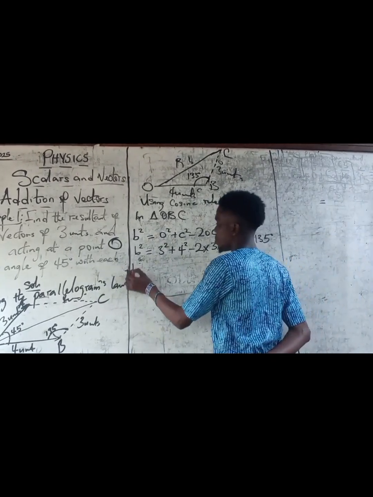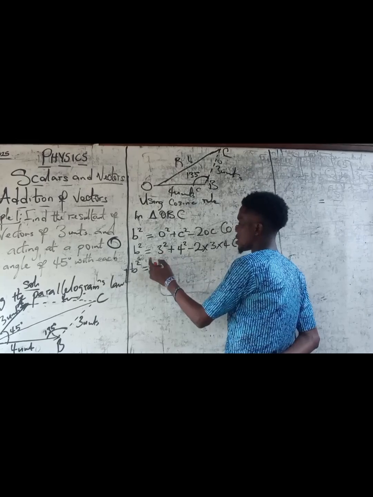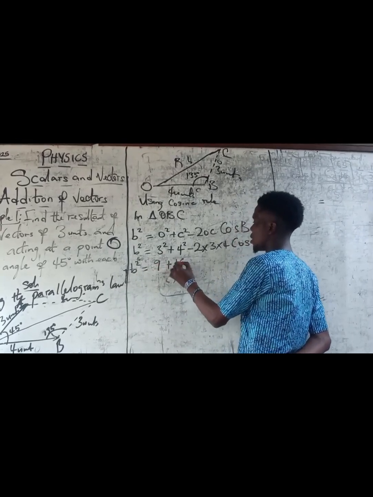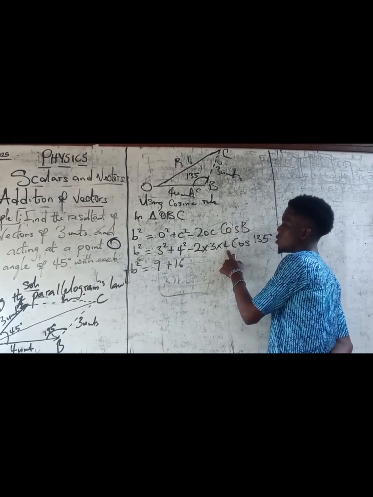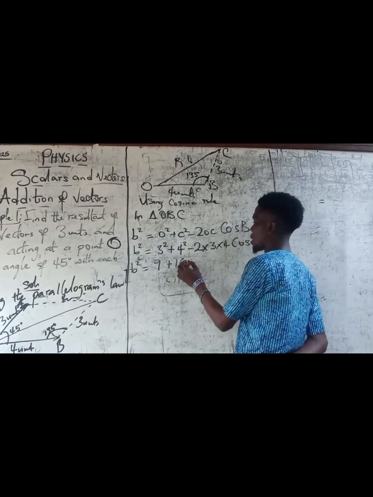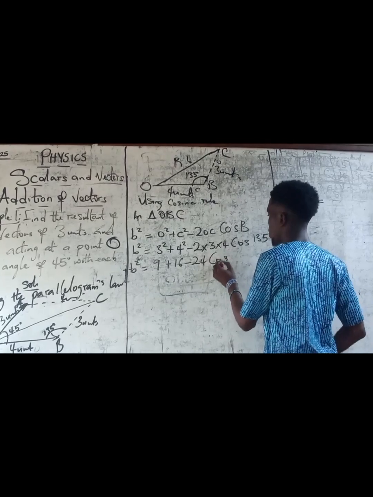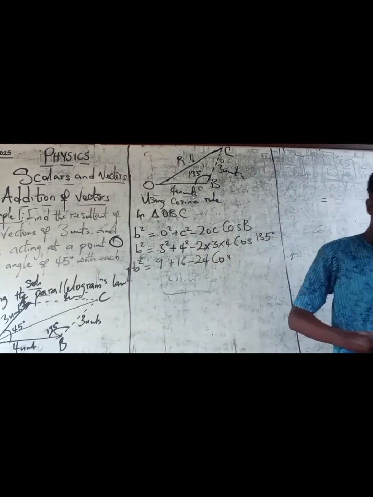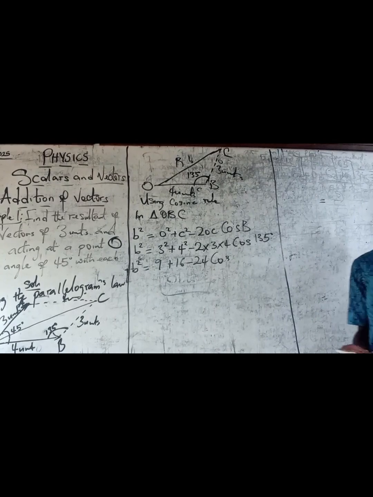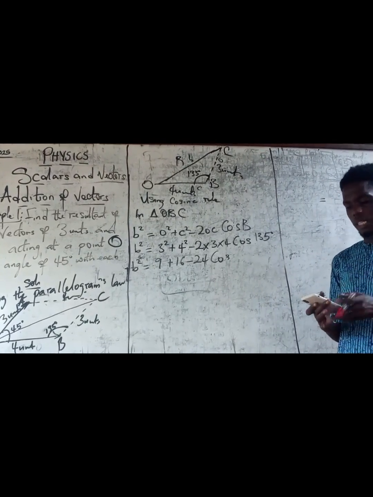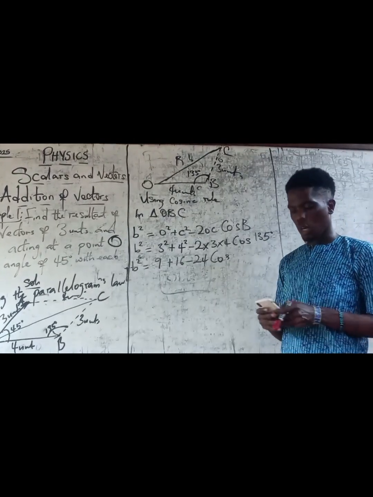So now we have B squared equals 9 plus 16 minus 24 times cos 45. Let's punch that on our calculator. That will give us a negative value. Why? Because cosine is negative in the second quadrant.